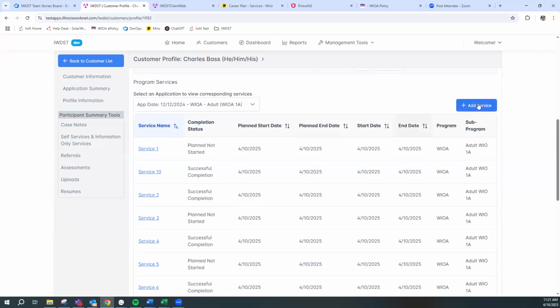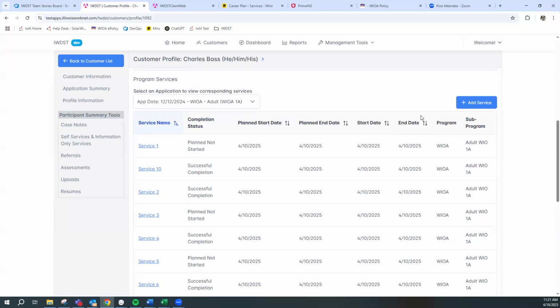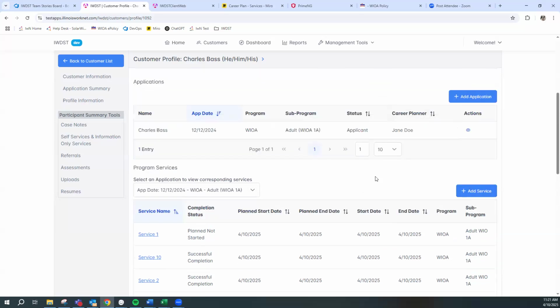And you do have a quick add service button here. That's what I was wondering about, because I was thinking of informing staff who might help us test this down the road. If they want to practice enrolling somebody in training or job search assistance, do they have to go through the universal career plan, make sure there's a goal and objective, and then add the service that way?